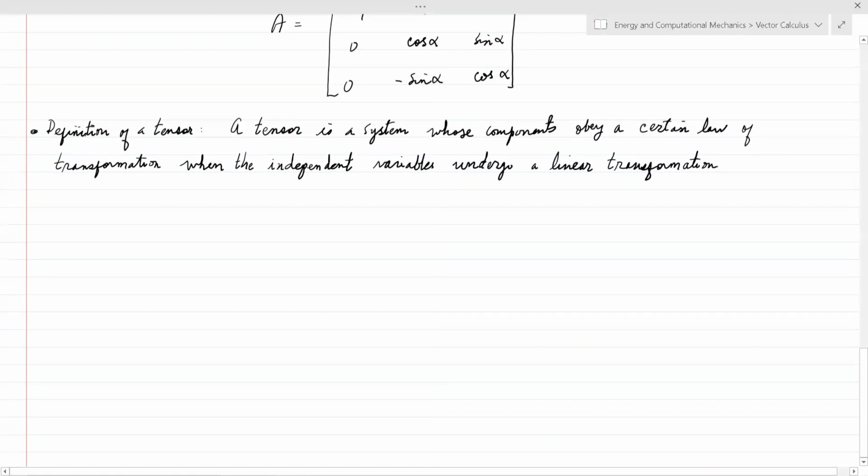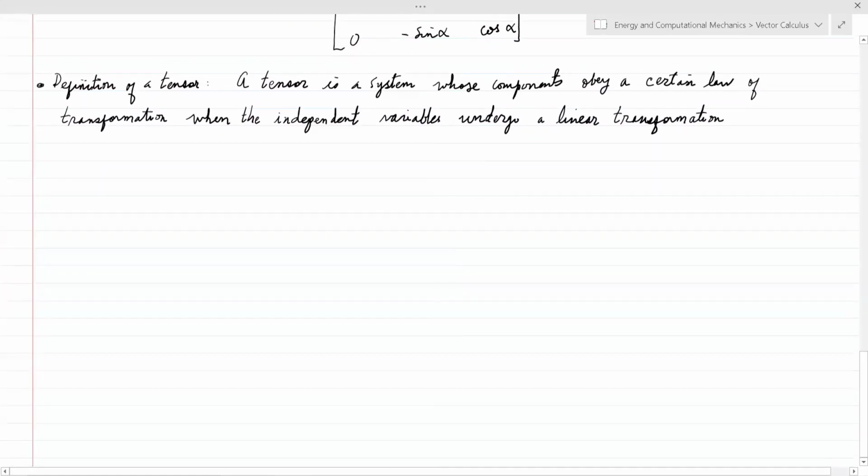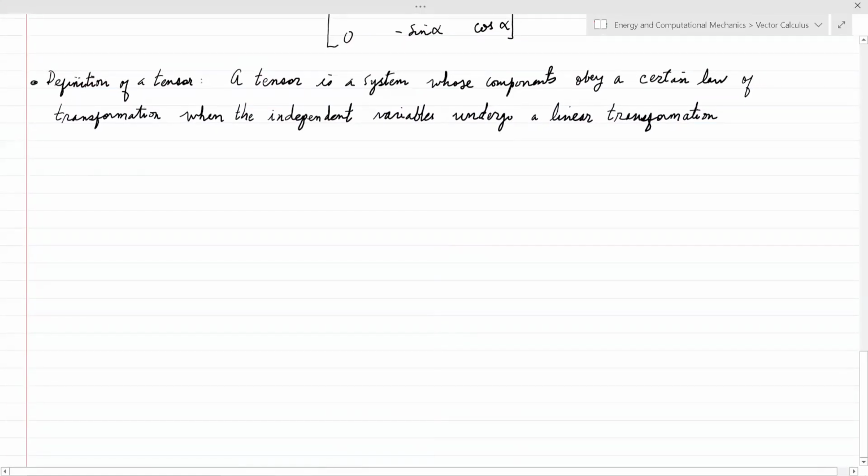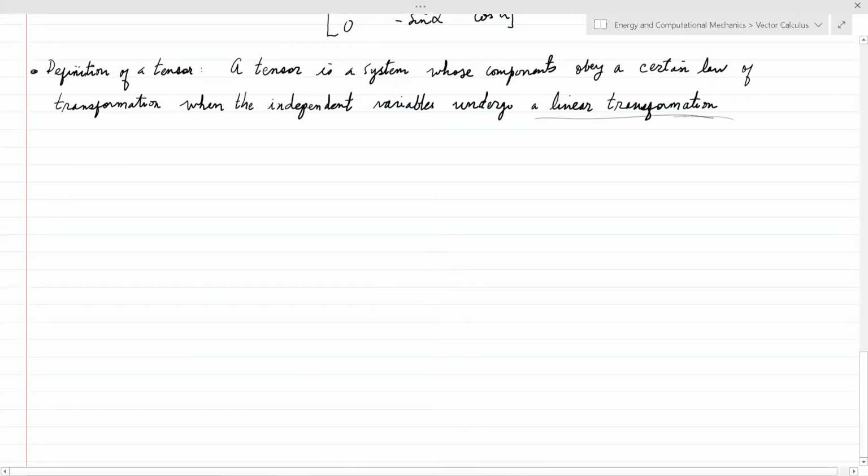So that is really what a tensor is. And so anytime you have a tensor, and a tensor is a system whose components obey a certain law of transformation when the independent variables undergo a linear transformation. And I just showed how to do that in a simple way.